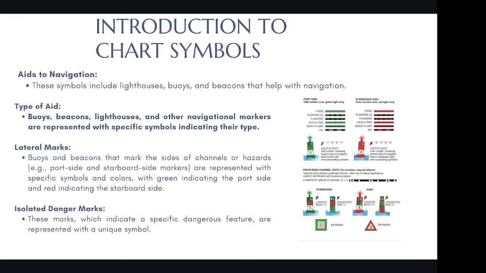These are represented with specific symbols and colors, with green indicating the port side and red indicating the starboard side. And the isolated danger marks: these marks, which indicate a specific dangerous feature, are represented with a unique symbol.